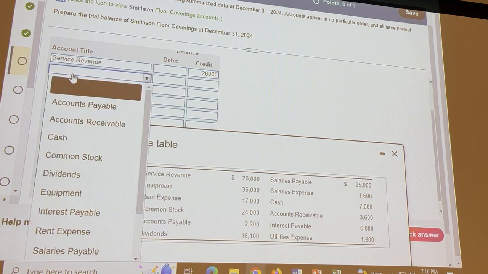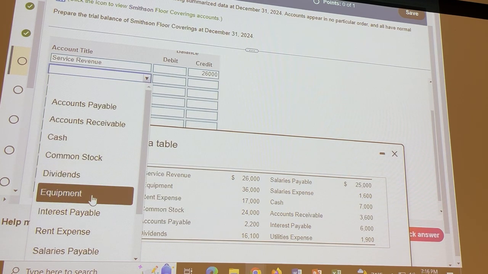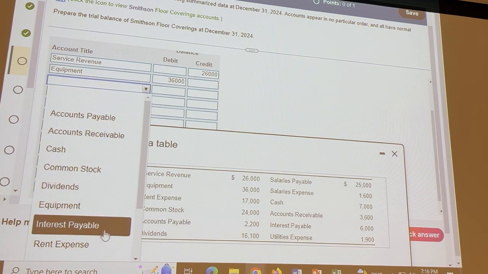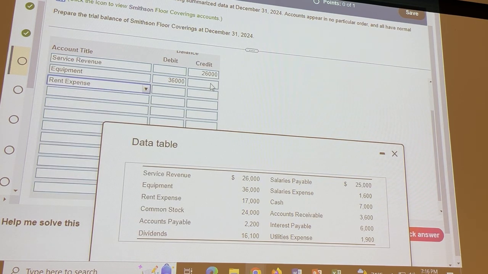Then I'll go through these pretty quickly. So then equipment is an asset account, so that would be a normal balance of a debit. Rent expense is an expense account that has a normal balance of a debit. Common stock is an equity account that has a normal balance of a credit.